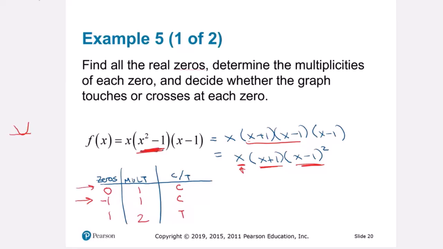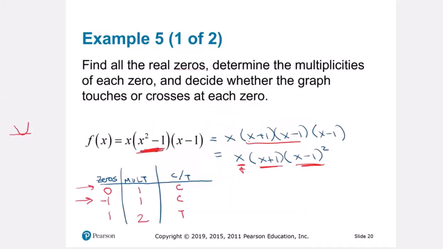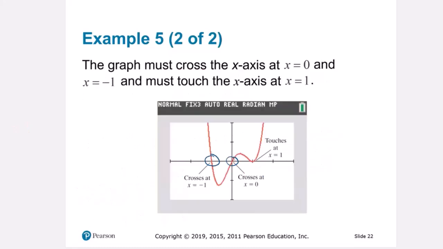And that's going to do the same thing. It's just going to go through the x-axis, which it does. Here it crosses, here it crosses, and then the last 0, which is at 1, has a multiplicity of 2, so it should just touch and look like a parabola, which is what it does.